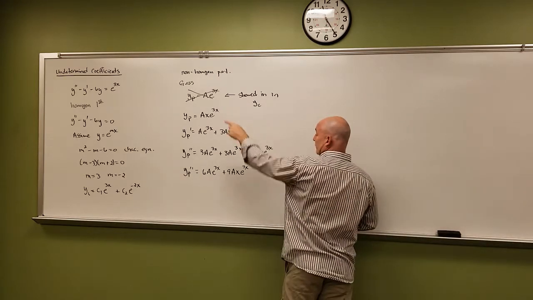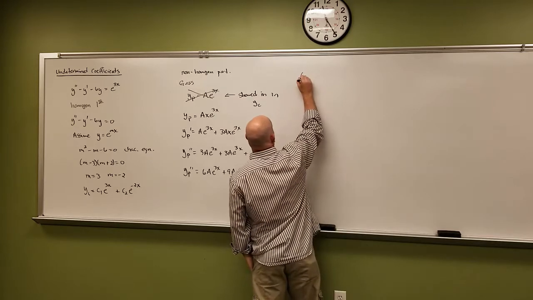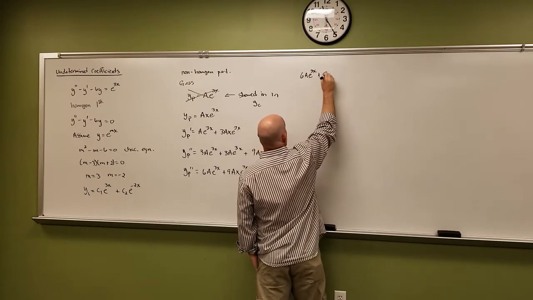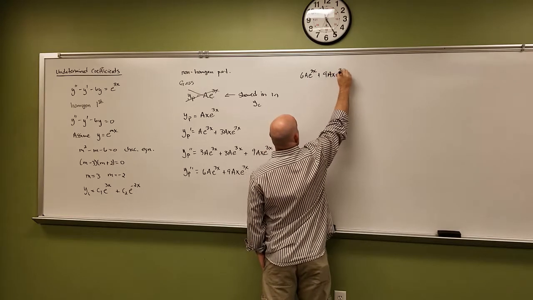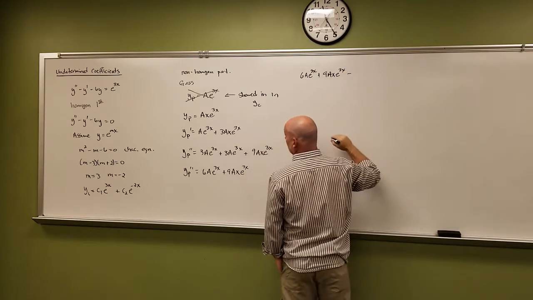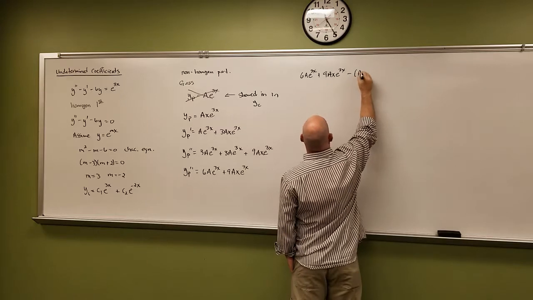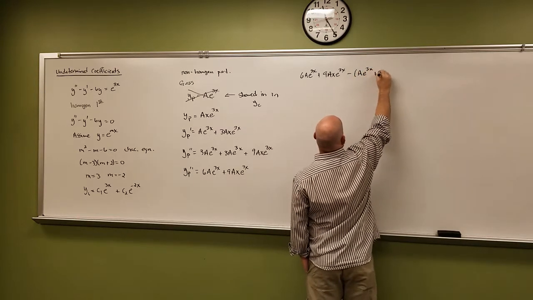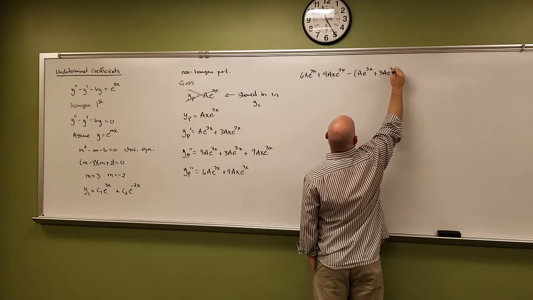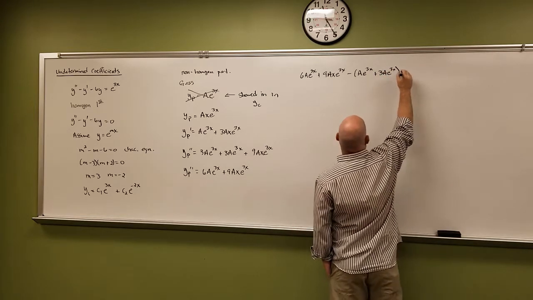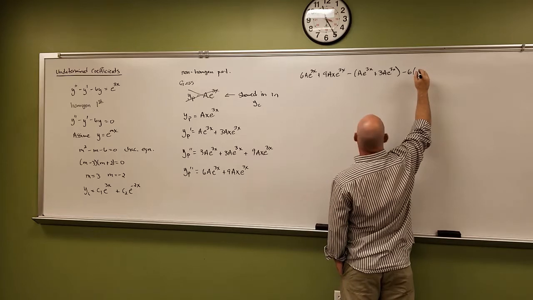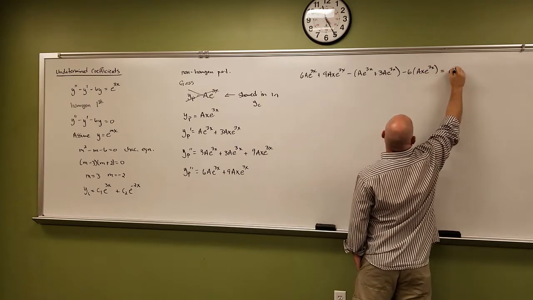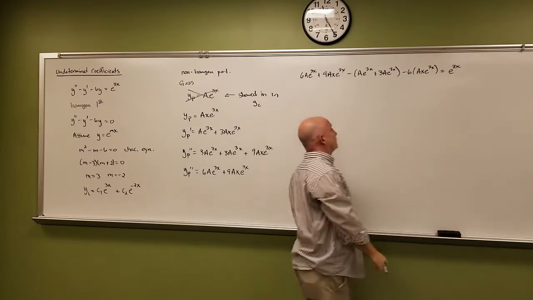So according to our differential equation, y double prime, which is 6a e to the 3x plus 9ax e to the 3x, minus y prime, a e to the 3x plus 3ax e to the 3x, minus 6 times ax e to the 3x has to be equal to e to the 3x.